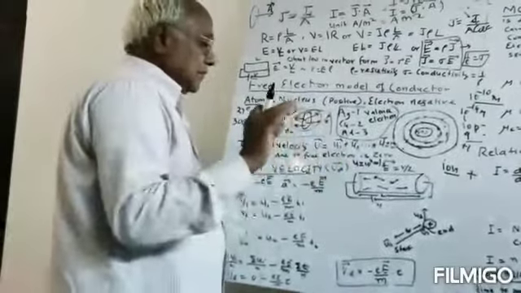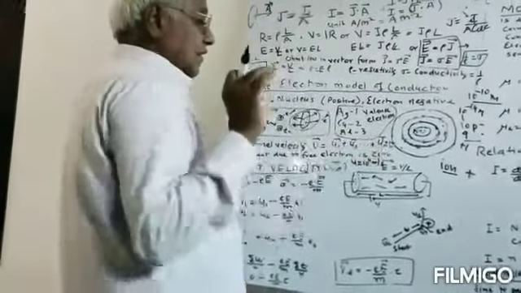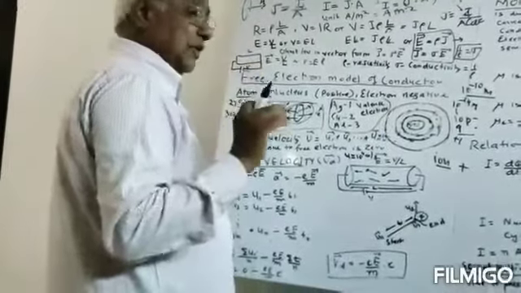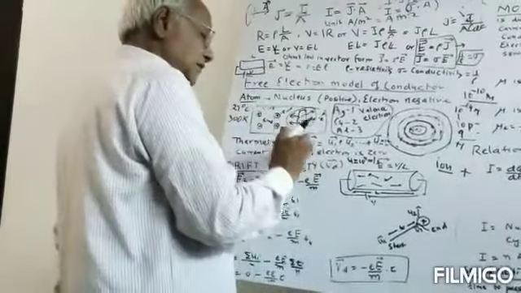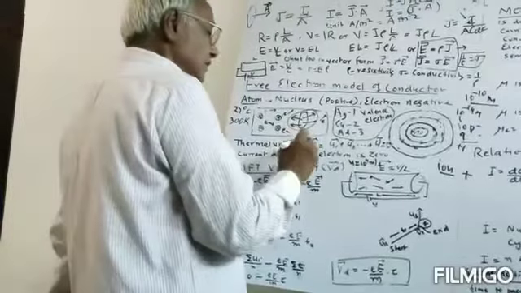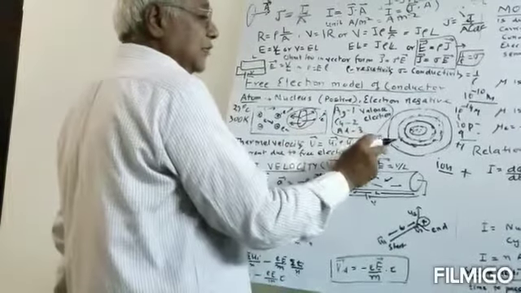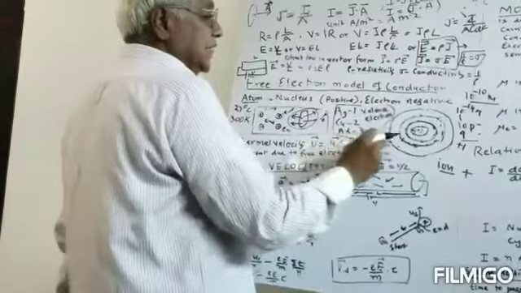The net speed of the free electrons is not 0, because speed is a scalar quantity, but the net thermal velocity will be equal to 0 because it is a vector sum.